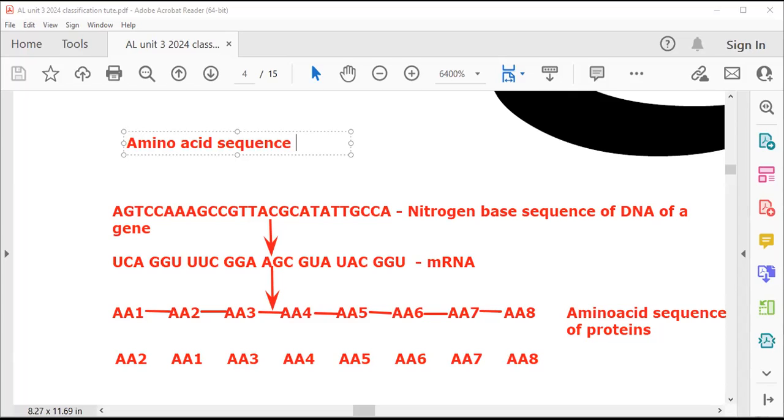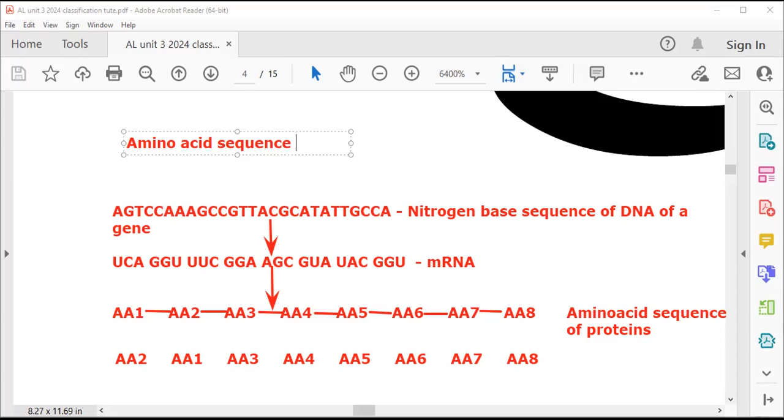According to the mRNA nitrogen base sequence only, the amino acid sequence is determined. According to the amino acid sequence only, the biological function of the protein is determined. Are you clear? Yes, sir.